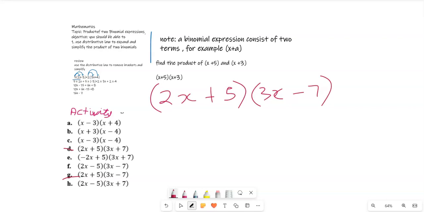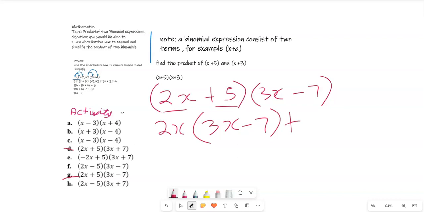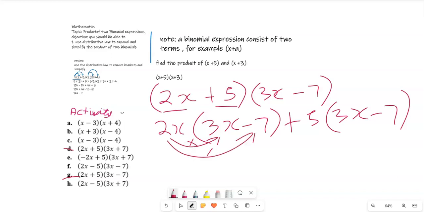So again, we are going to use the method of splitting the brackets. We're going to take the first term from the first bracket and multiply it by the second bracket. Then we're going to take the second term from the first bracket and also multiply it by the second bracket. And then we're going to multiply each term in the bracket by the factor outside.